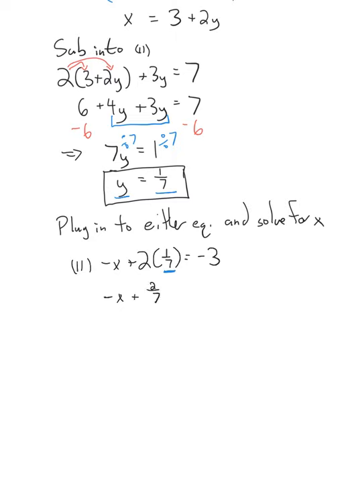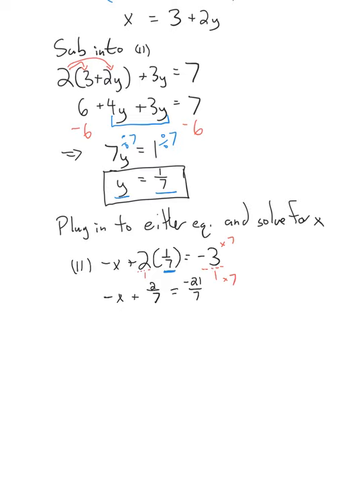Remember, we're thinking about 2 as 2 over 1 and multiplying fractions. And that equals, well, I'm going to change negative 3 to something over 7 because I know I have denominators of 7. So I'm going to multiply top and bottom by 7, and I get negative 21 over 7.